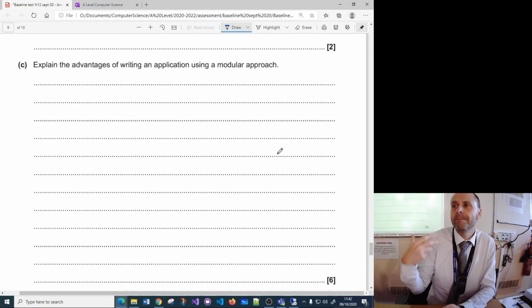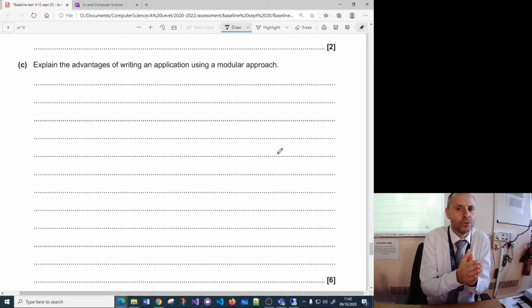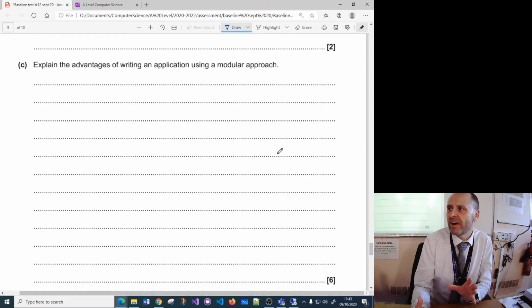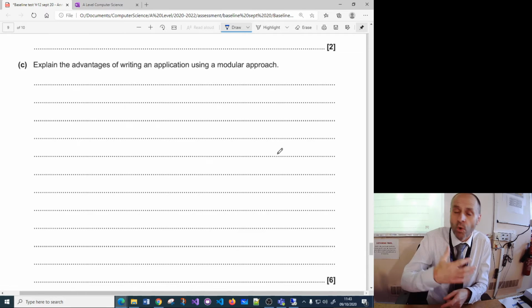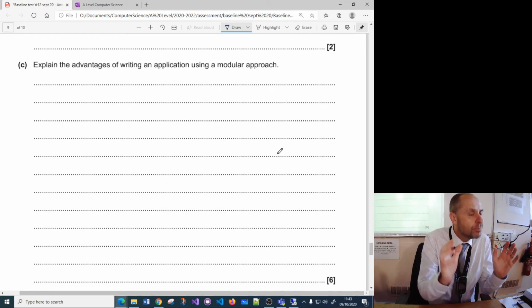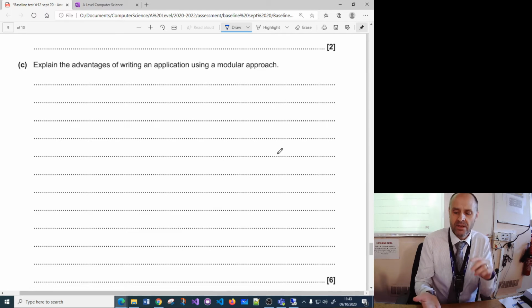If you make sure that these are pure modules that do one function, then they're never going to be very complicated. So again, simplify, makes it easier to write accurate code that works, that's easier to test. Everything that we get asked about why we do certain things as programmers always ties back to the same thing.